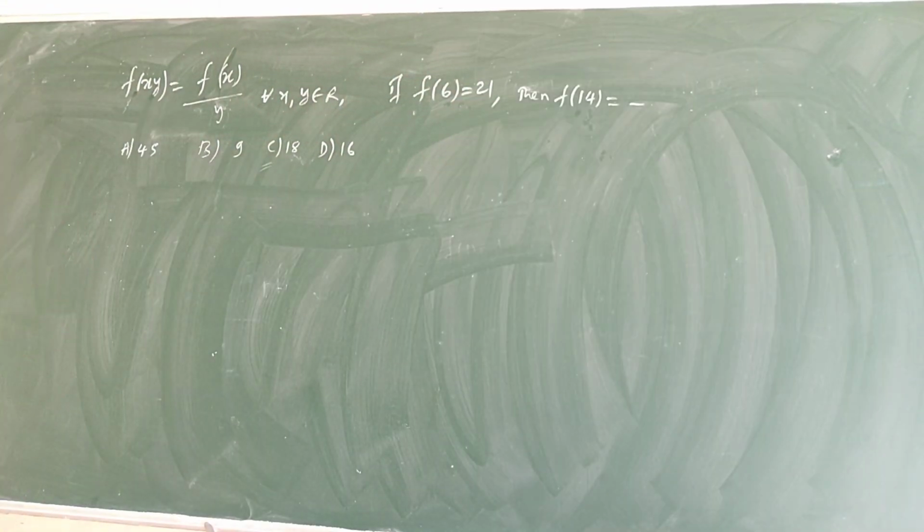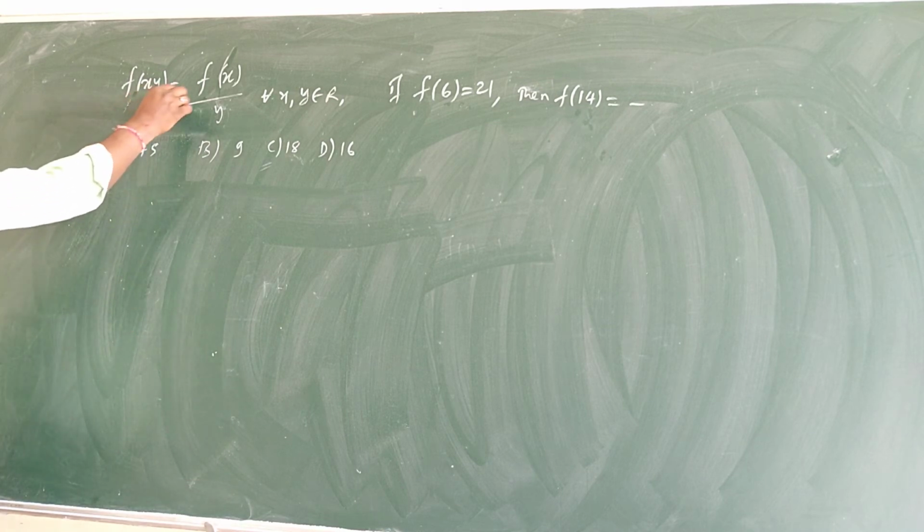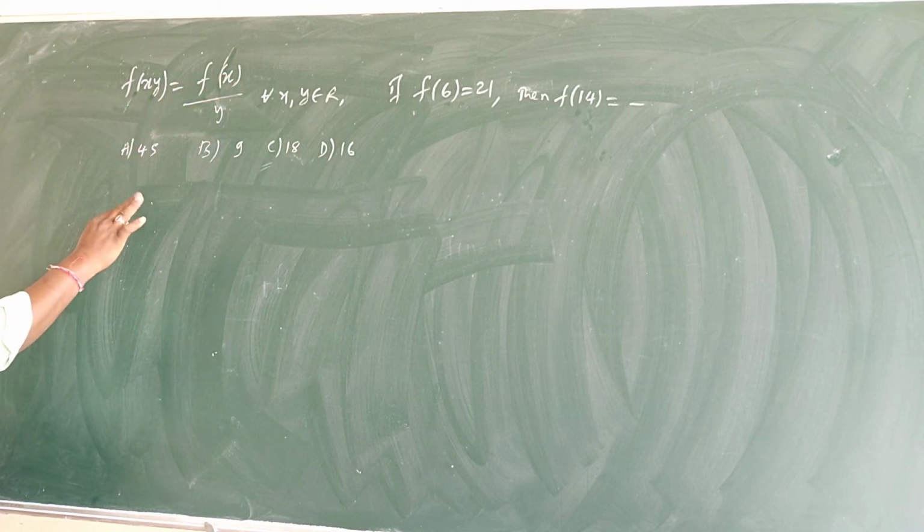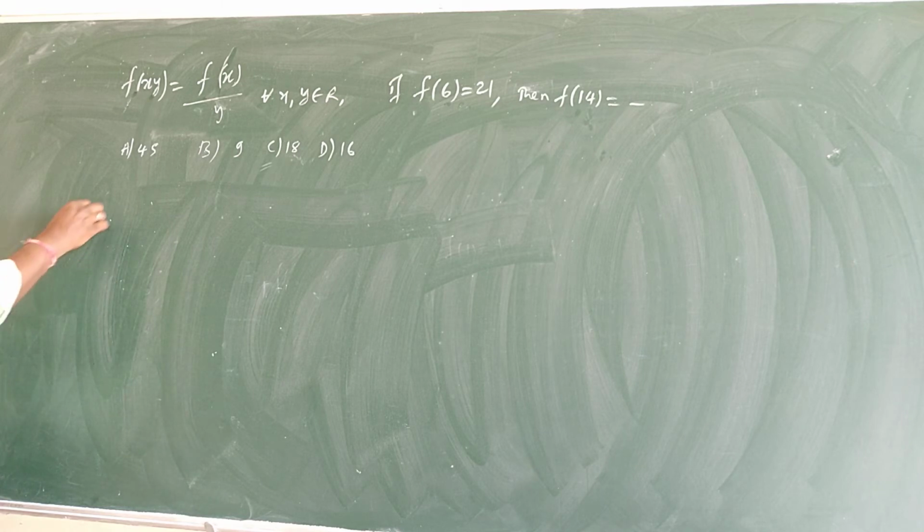So this is the right question now. f of x into y is equal to f of x by y, f of 6 equal to 21, then you have to find. So let us take, now here x is equal to what I can take now?